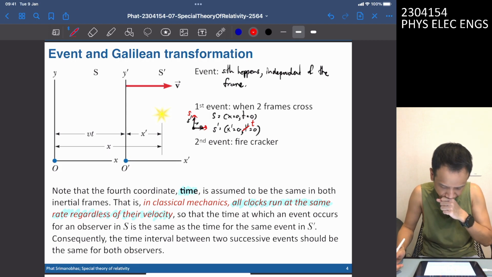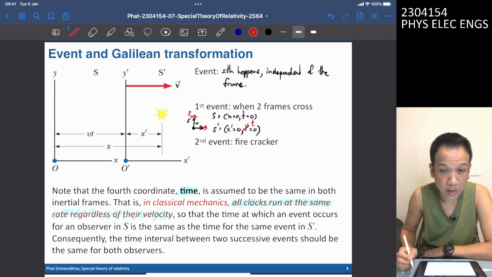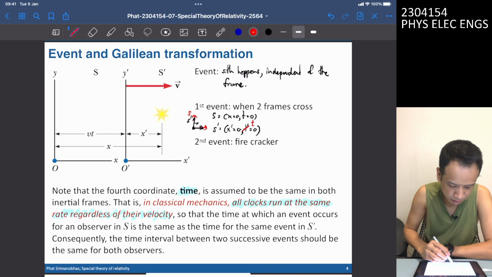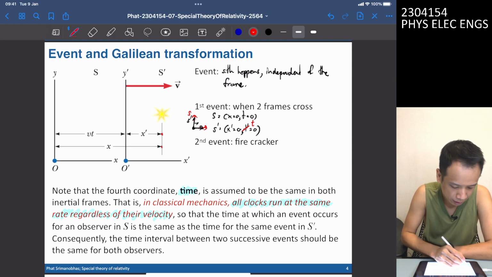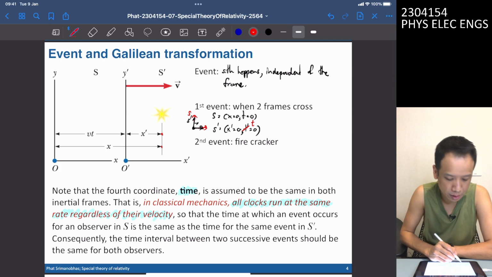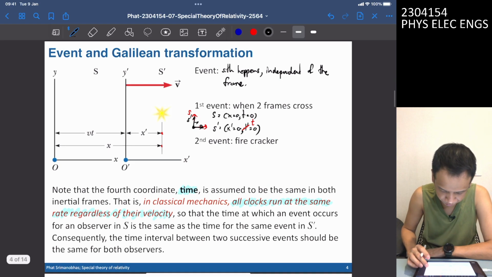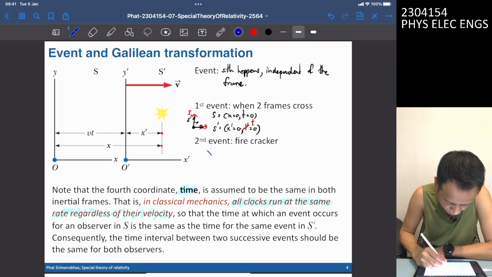And then there is a second event when the firecracker goes off. Looking at this chart, the firecracker happens at x in the S frame, and at x prime in the S prime frame. The S prime frame travels for time t, so it travels a distance vt. So in this case, we can say that x prime is equal to x minus vt.